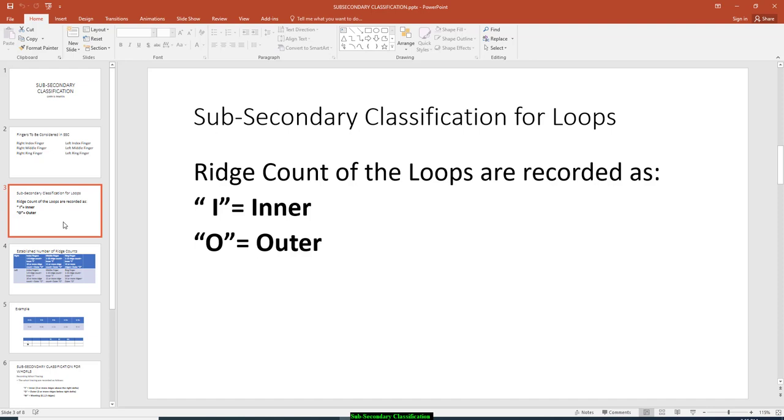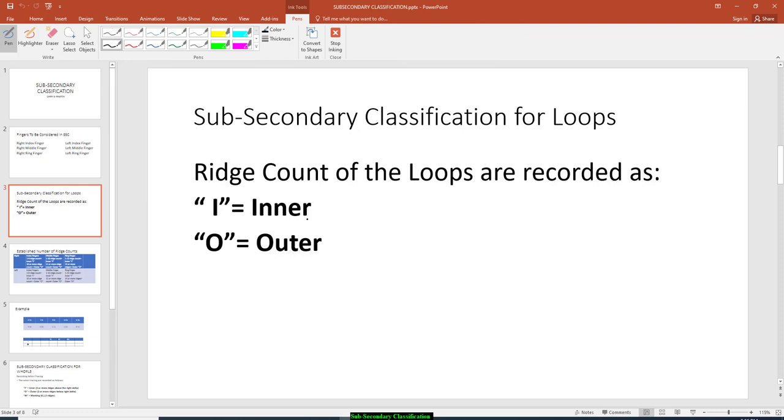For inner, it is capital letter I, and for outer, it is capital letter O. This symbol will appear on the fingerprint classification line.